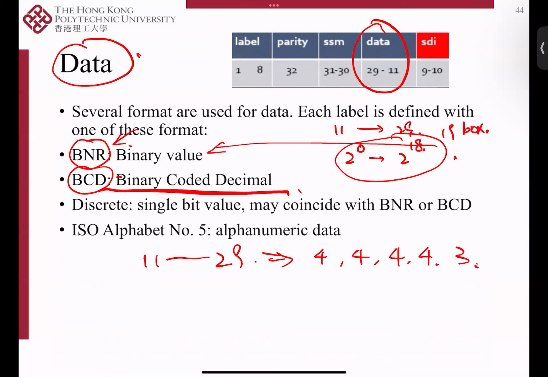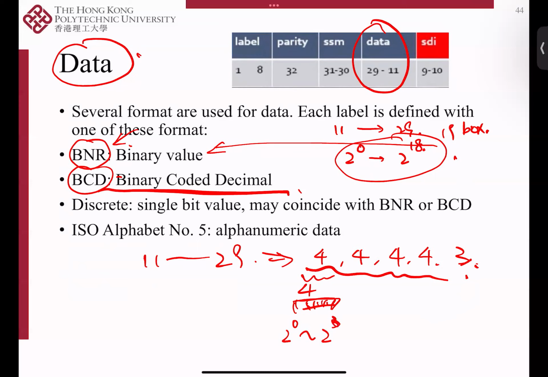So it is separated into 5 parts, and each one contains 4 smaller boxes to contain 1 or 0. Let's look at it. For each of the boxes, the weights go from 2 to the 0 to 2 to the order of 3.